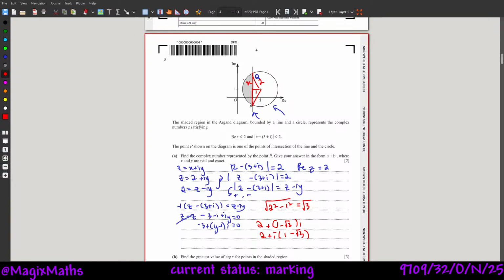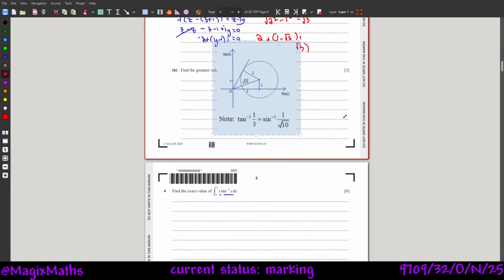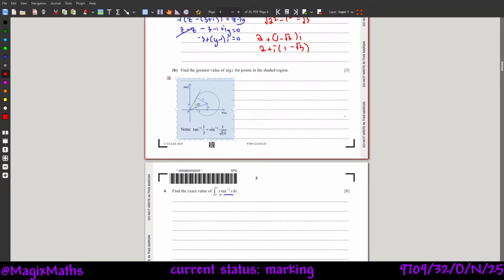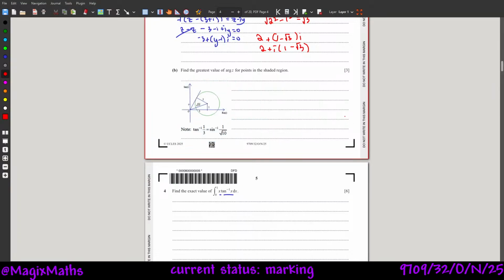So we're going to have to draw a right angle triangle. So, yep. It's this one.